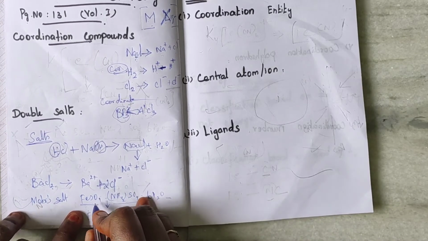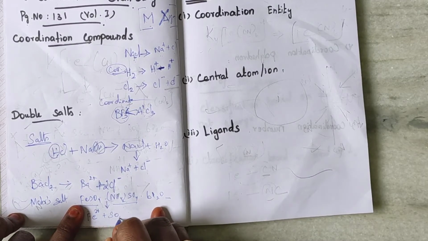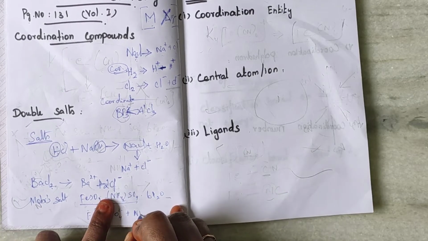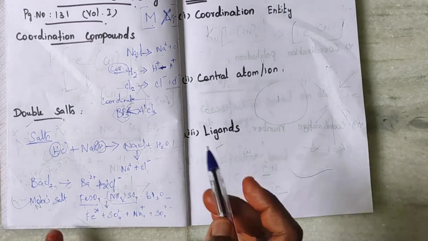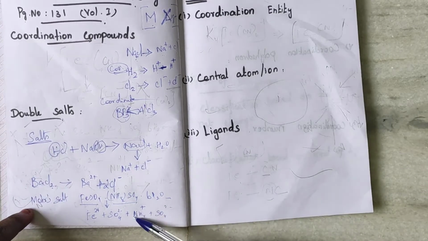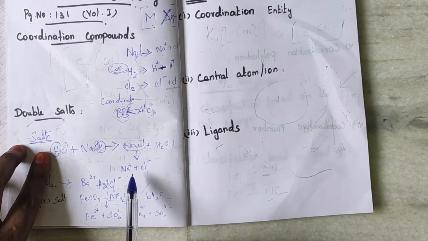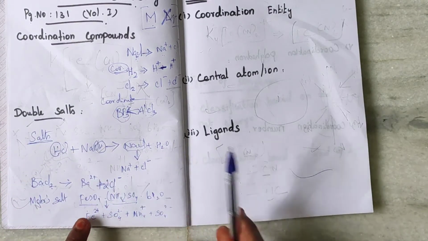We dissociate this: Fe 2 plus cations, SO4 2 minus anions. Then the simple salt dissociates to give ammonium cation plus SO4 2 minus anions. What is the difference between a simple salt and a double salt? A simple salt dissociates and gives its own constituent single cation and single anion.